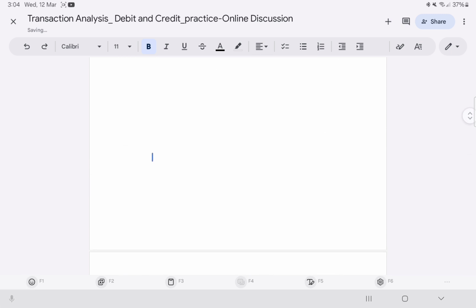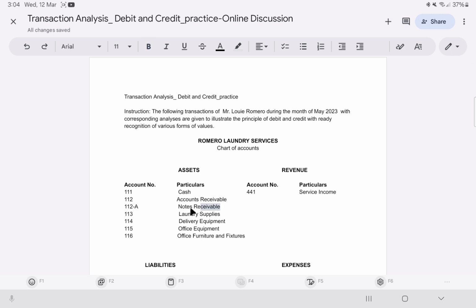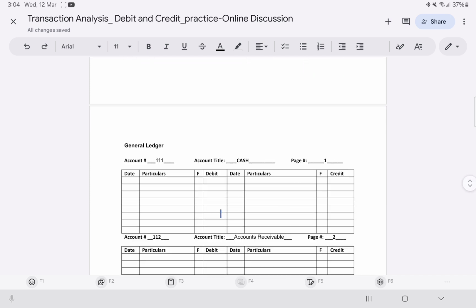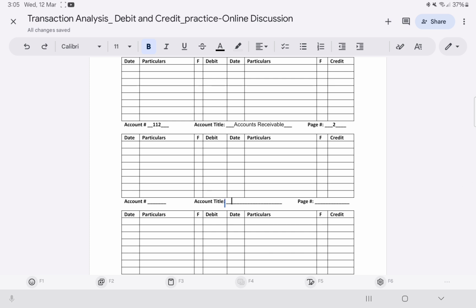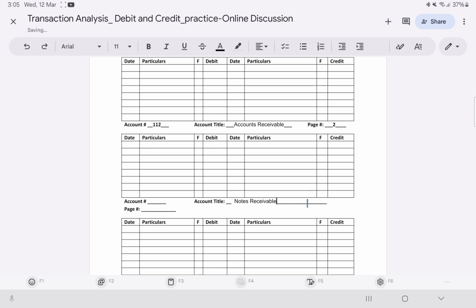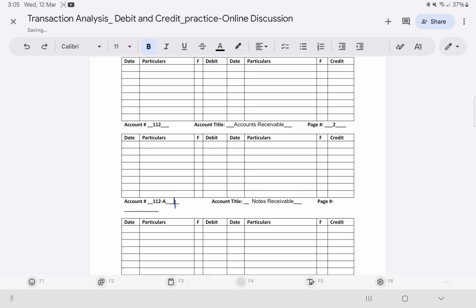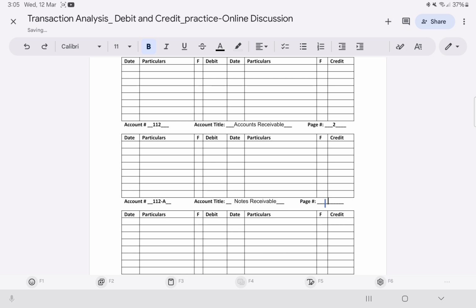The next, the notes receivable, 112A. Okay, page 3.